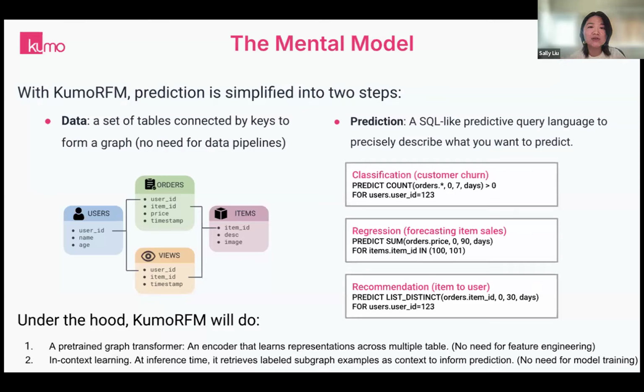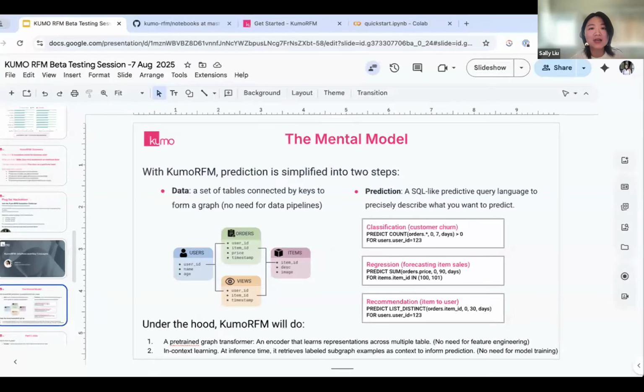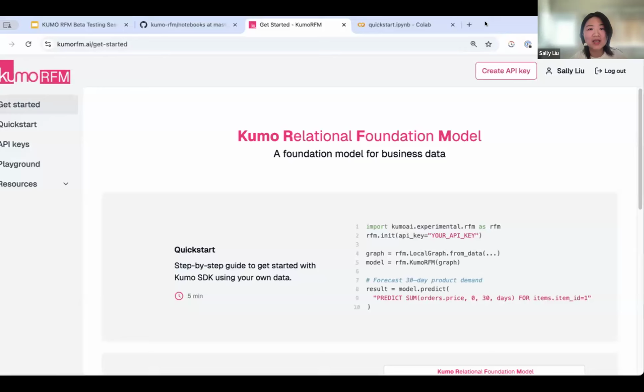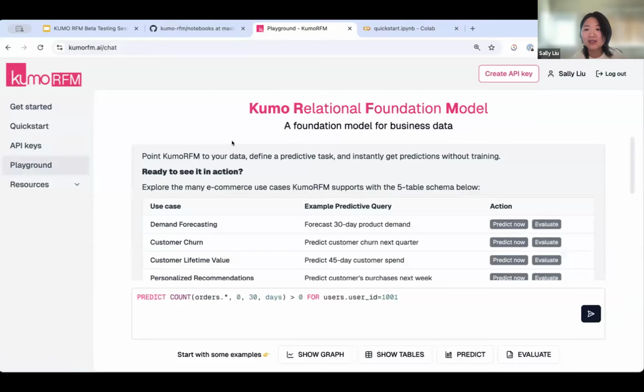I can give you a very brief example with a loaded dataset to see what it looks like. You will be able to experience this in our beta testing later on. Can everyone see my screen, where I show the playground? Okay, so you can see it.